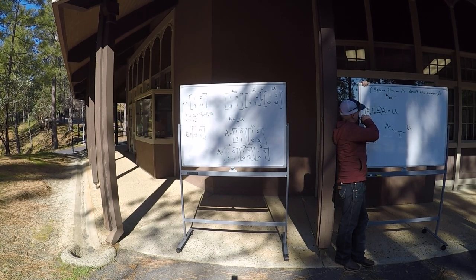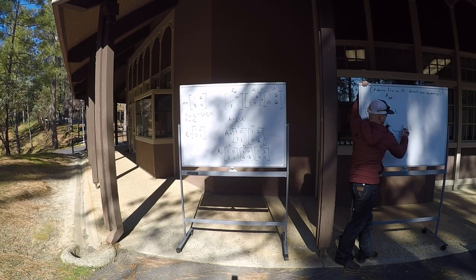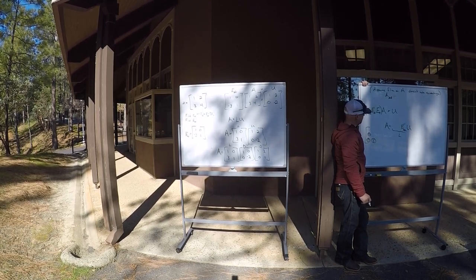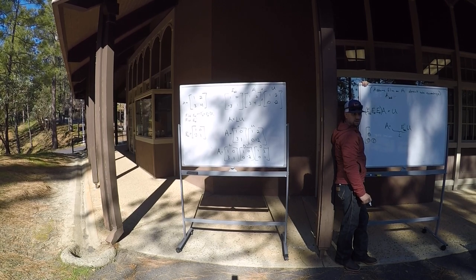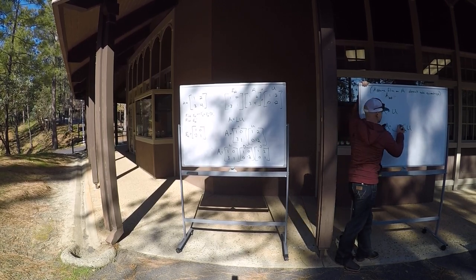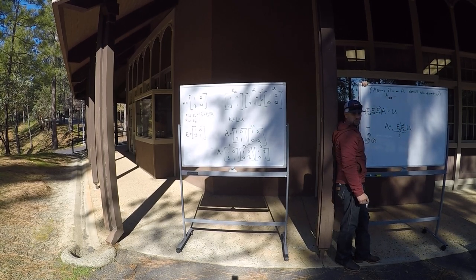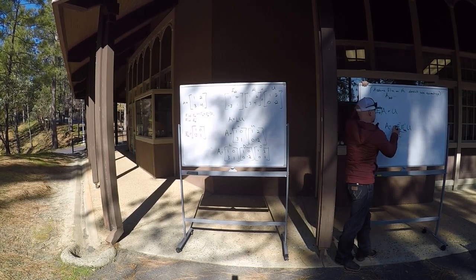So the first one I'm going to invert, if I do these one at a time, is the E32 matrix. So I'm going to have E32's inverse. And then my next one, E21, is going to be E21 inverse. And my last one is going to be E31's inverse.